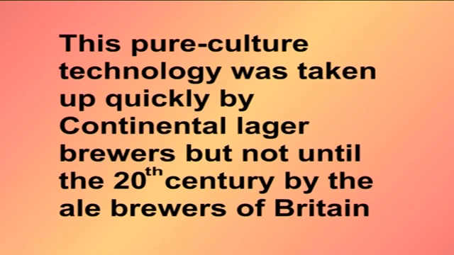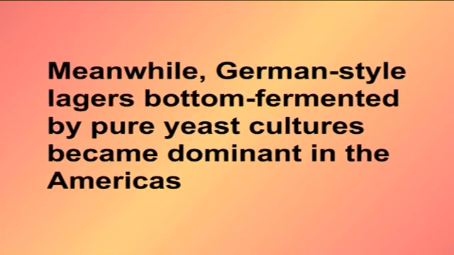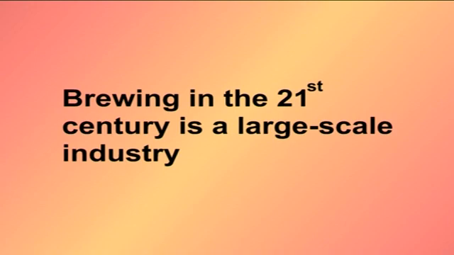This pure culture technology was taken up quickly by continental lager brewers, but not until the 20th century by the ale brewers of Britain. Meanwhile, German style lager, bottom fermented by pure yeast cultures, became dominant in the Americas. Brewing in the 21st century is a large scale industry.